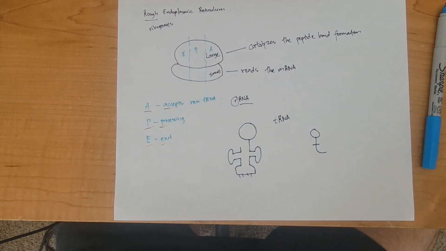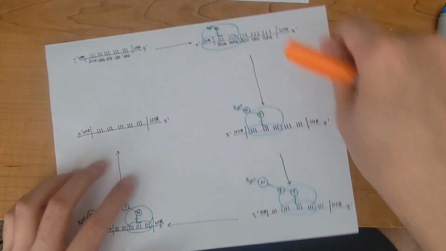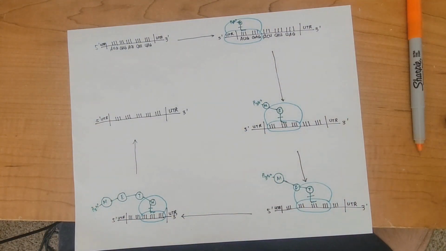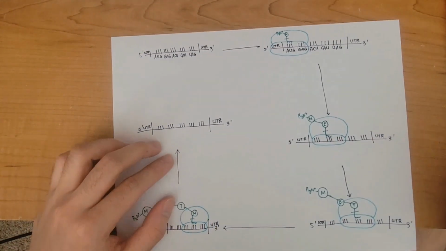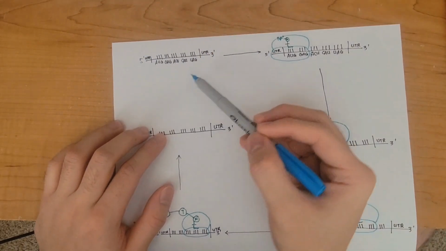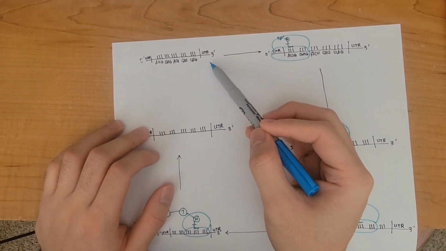So let's visualize this. I prepared something over here. Alright. So, first of all, we have the untranslated region in the 5' and the untranslated region in the 3'.